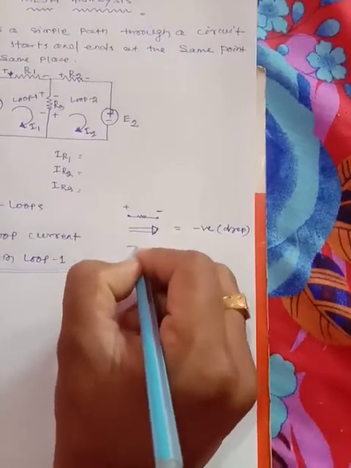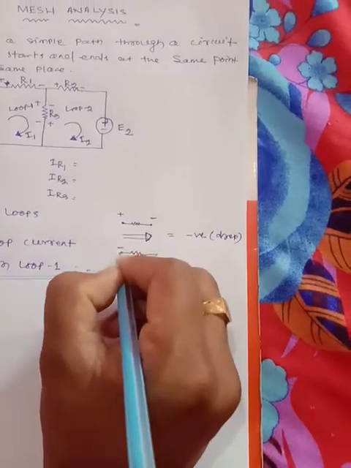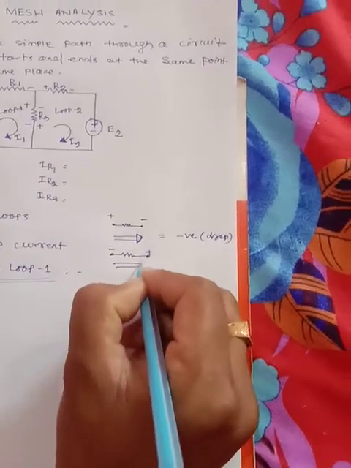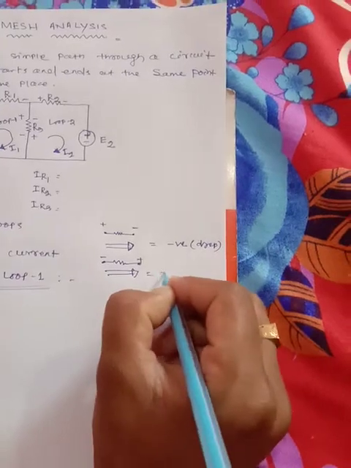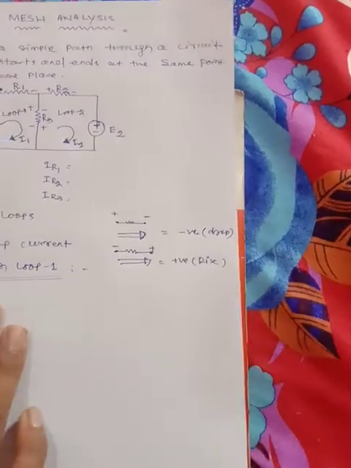If that point is negative and that point is positive, and current flows from negative to positive, then it is positive, that is a voltage rise.